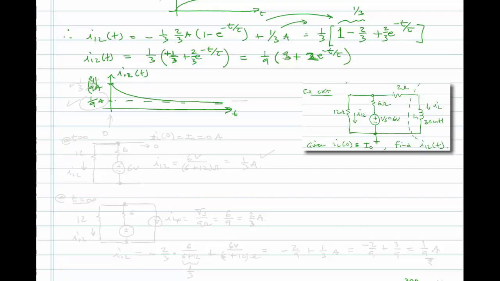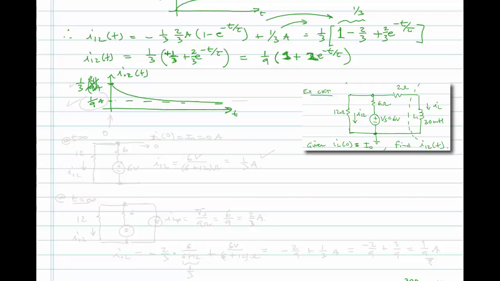Okay, that's 1/9 times 1 plus 2 times e to the minus t over tau. And so at time 0, we have 1 plus 2, or 3/9, so 1/3. So this is not right. This is 1/3 of an amp. So it starts at 1/3 and it goes down to 1/9.